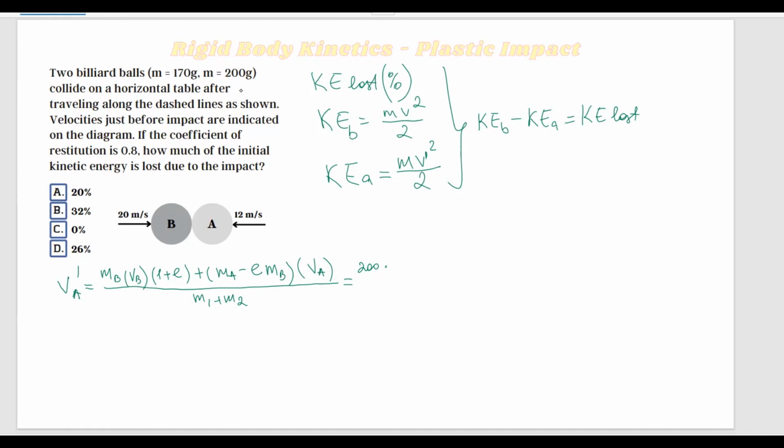VB is again positive, so we have plus 20 because it goes in the right side, and VA is going to be negative, goes on the left side.